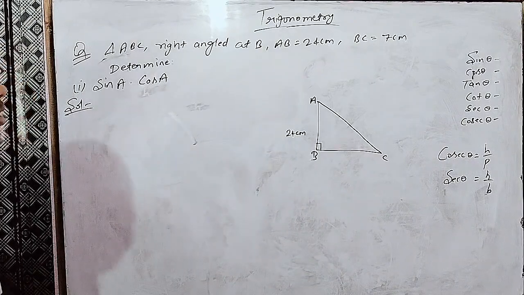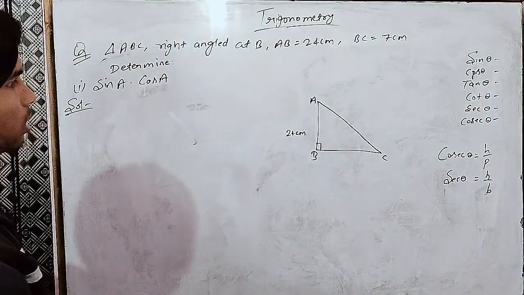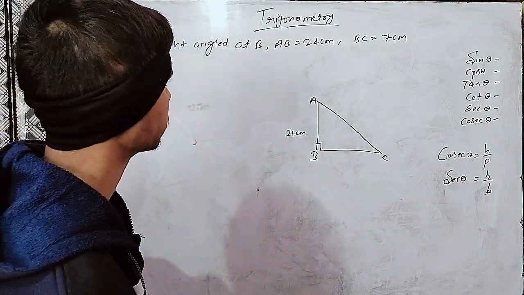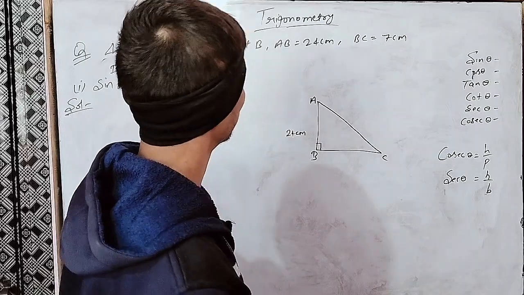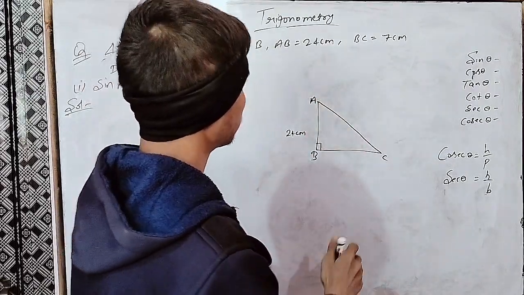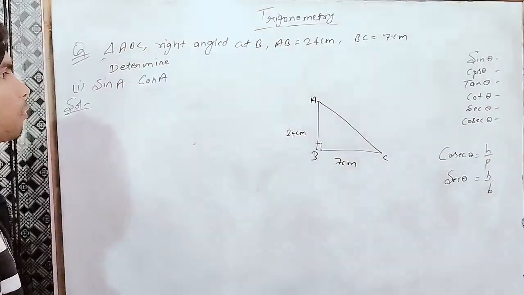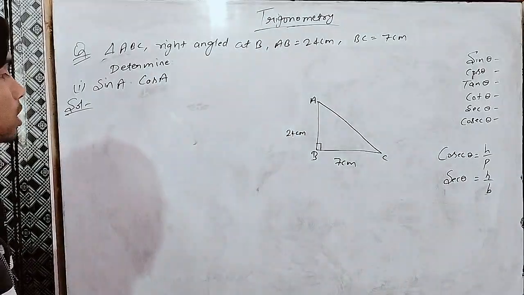Then the question says find out. So AB is 24 centimeter. BC is 7 centimeter. We don't have the value of AC, which is the hypotenuse.